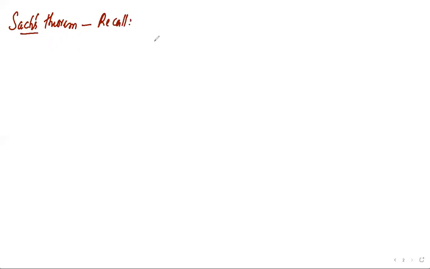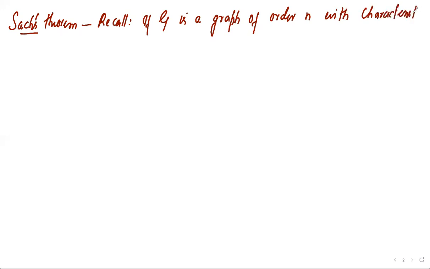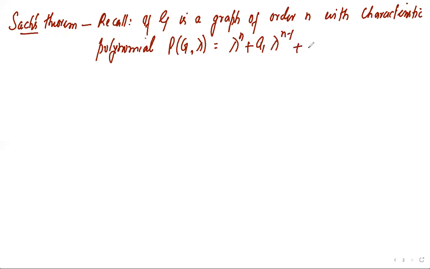We had proved that if G is a graph of order n with characteristic polynomial P_G(lambda) equal to lambda^n + a1 lambda^(n-1) + and so on + a(n-1) lambda + an, then we have a formula for computing these ai.